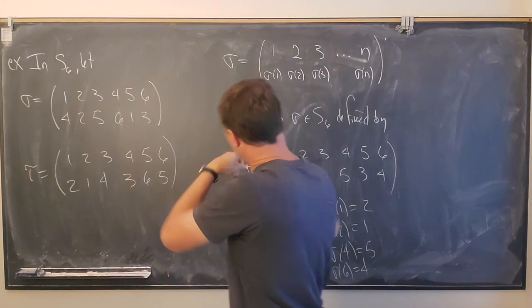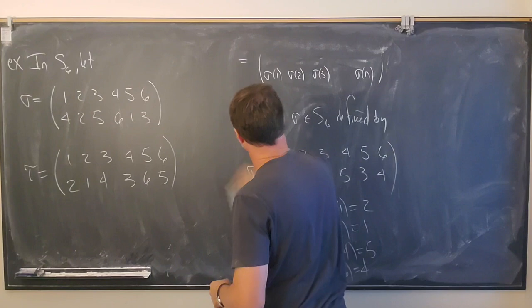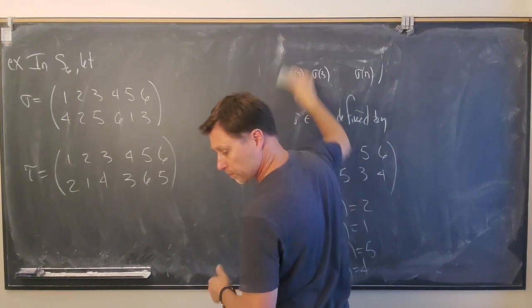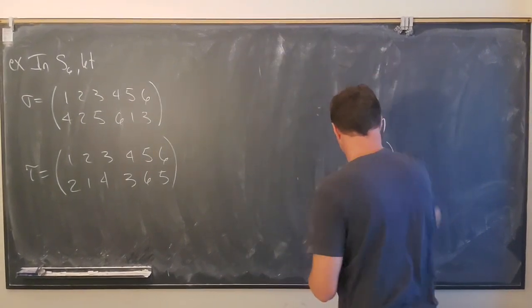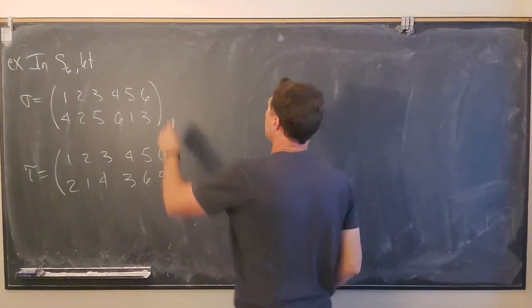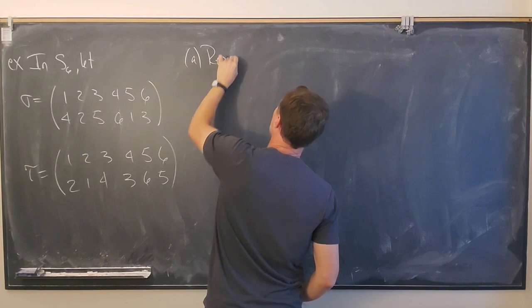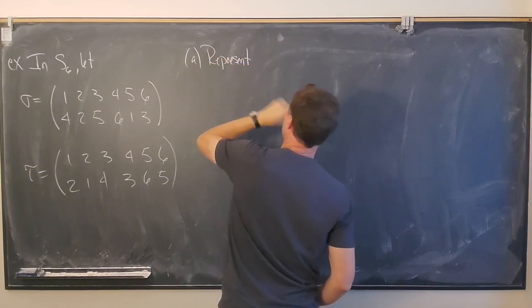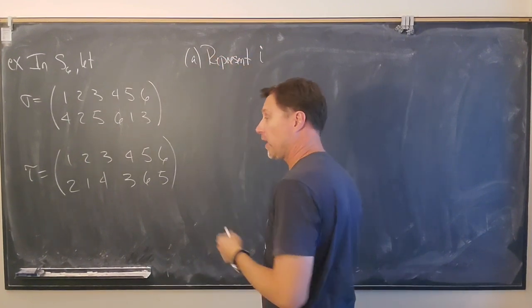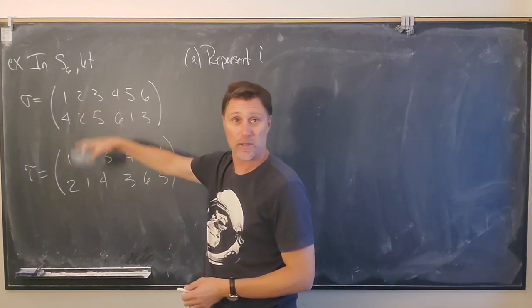And then I want to do a few computations. So part A, I'd like to represent the identity function in S6. That, by the way, has nothing to do with these sigmas and taus.